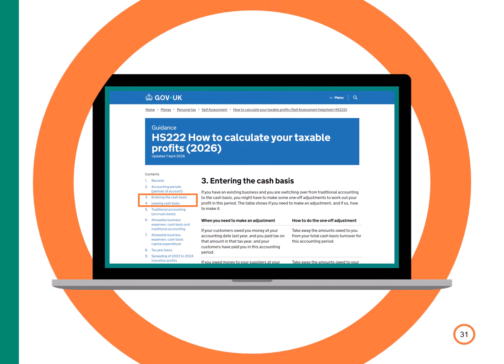If you move from one accounting method to another, so from cash basis to traditional accounting, you may need to make a transitional adjustment. You can find out more about these adjustments on Help Sheet HS 222, How to Calculate Your Taxable Profits, which you can find on gov.uk.